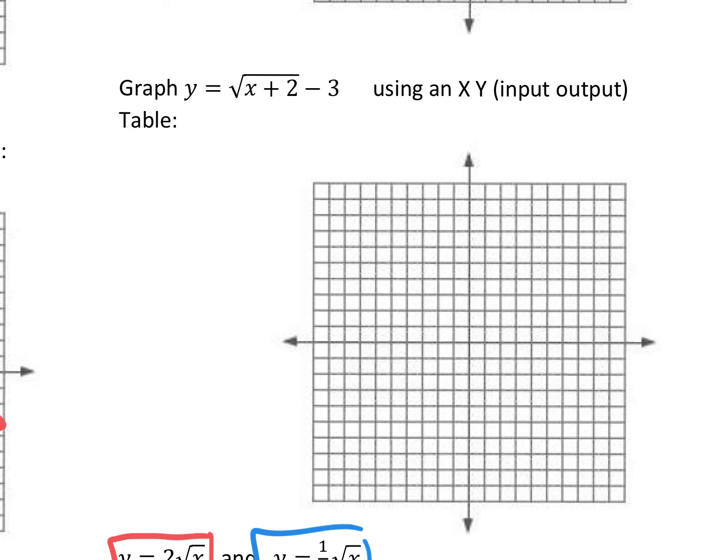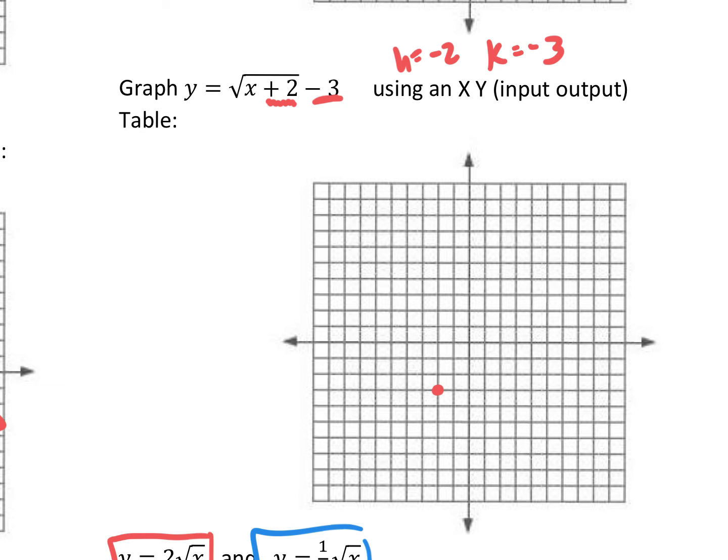The vertex of a parabola. This is not a parabola, but what is the coordinate HK? -2, -3. So H is -2, K is -3. That is the most important point of a parabola. That's the most important point of a square root function. Okay, so let's go to -2, -3. Put a dot right there.